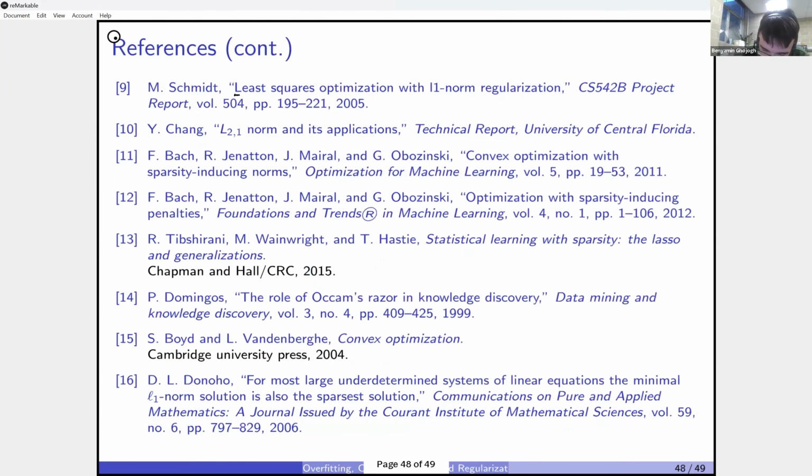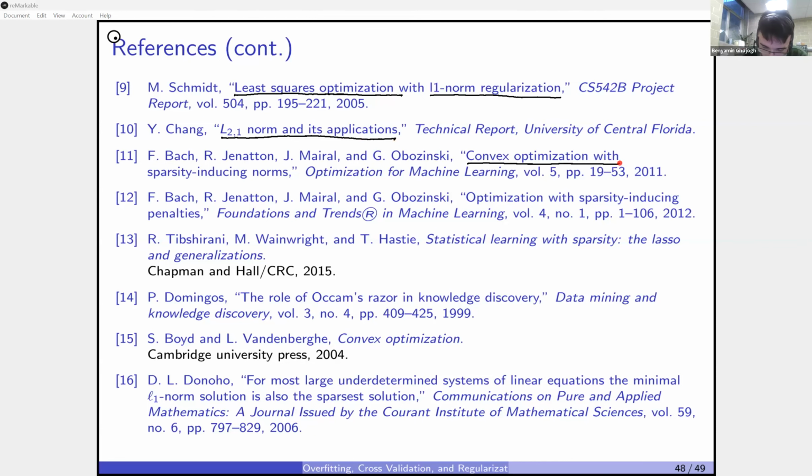Least squares optimization with L1 norm regularization. I think this is a good paper. And let me recall what this was for. Anyway, doesn't matter. Okay, L2,1 norm and its applications, which is a good paper.